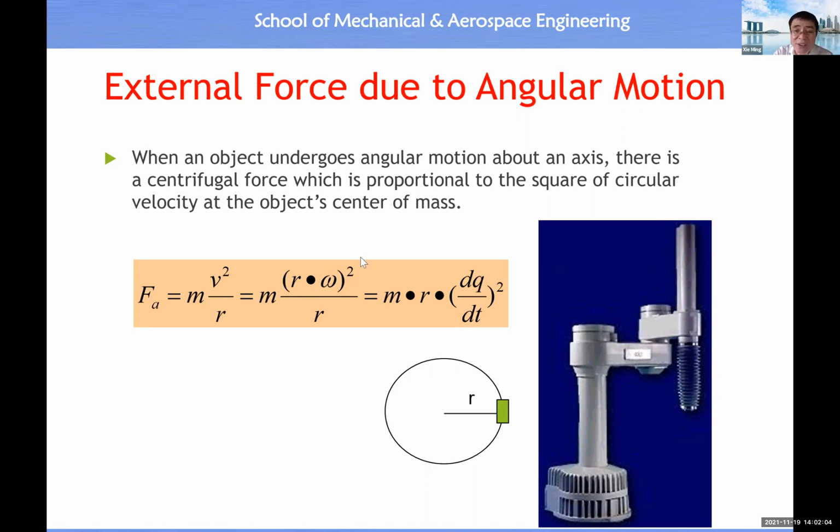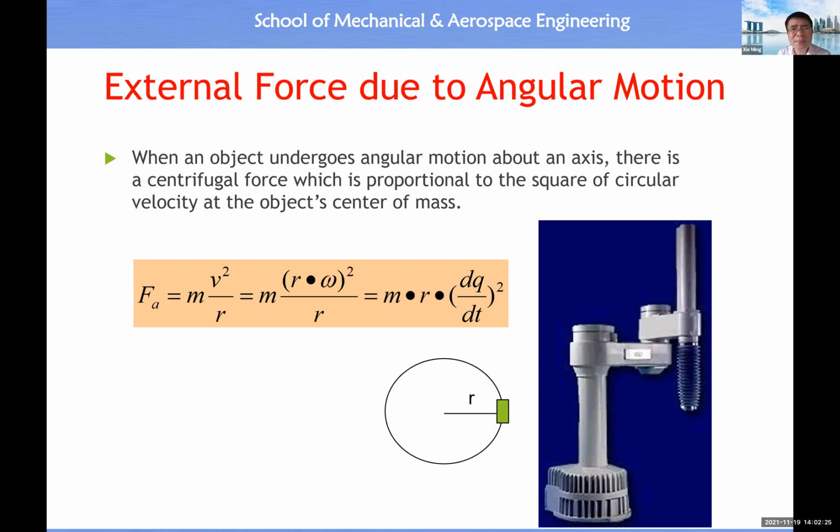This gives you the formula to determine the external force induced by angular motion. Again, this is unbounded, but it will be present once you start to move your robotic arm.